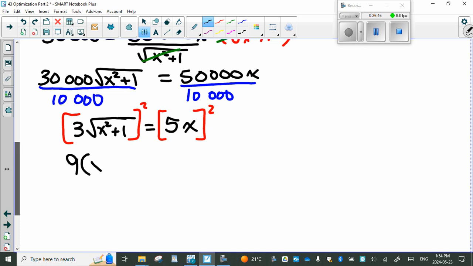Very good, 9 times x squared plus 1. So this squared undoes that square root. Everybody good? And I also have to square the 3. And then on this side, 25x squared. Now I can distribute the 9.